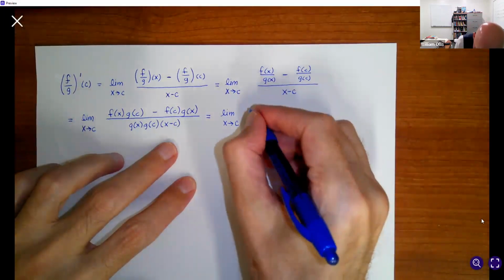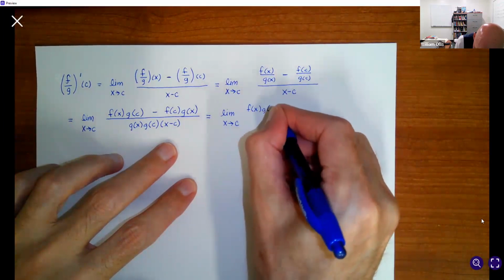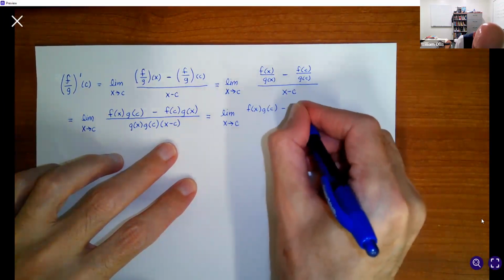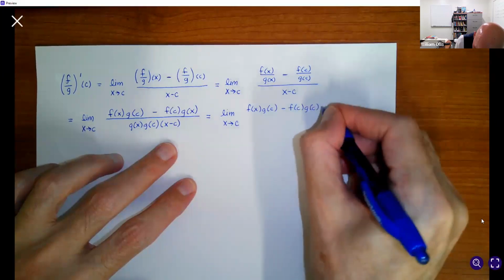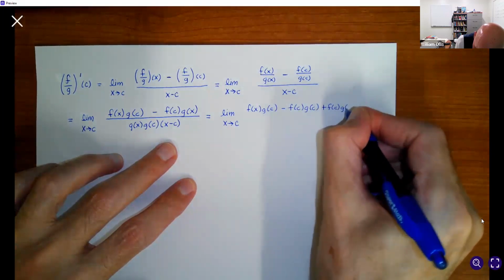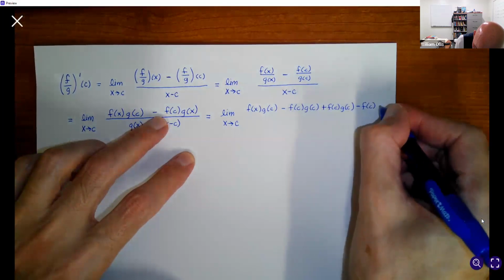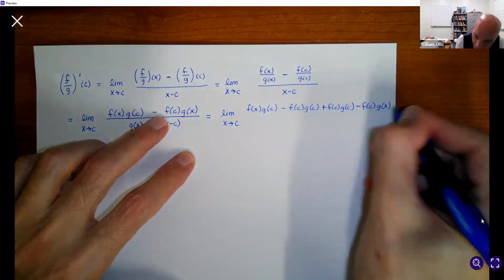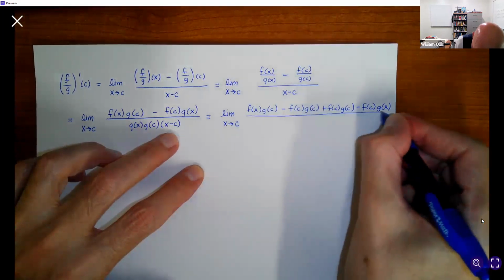So now we have f of x, g of c, minus f of c, g of c, plus f of c, g of c, and then of course minus f of c, g of x there. And then of course downstairs, the same thing.